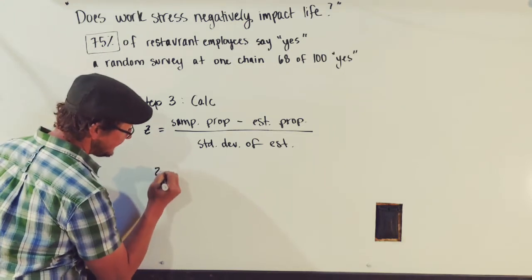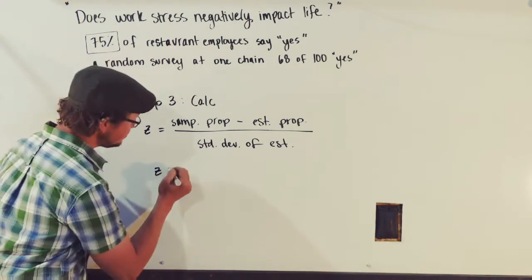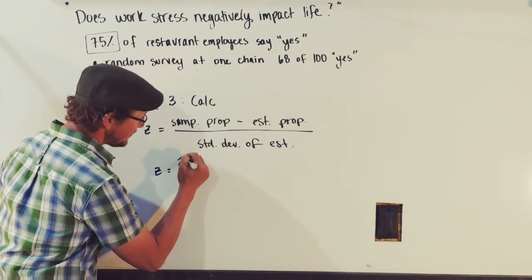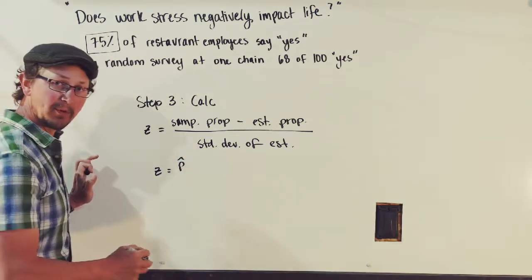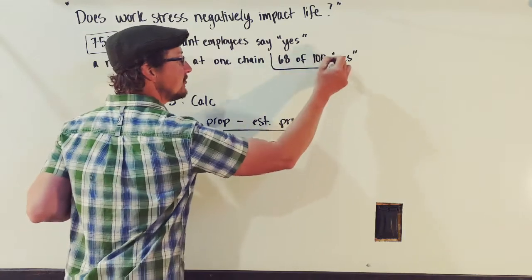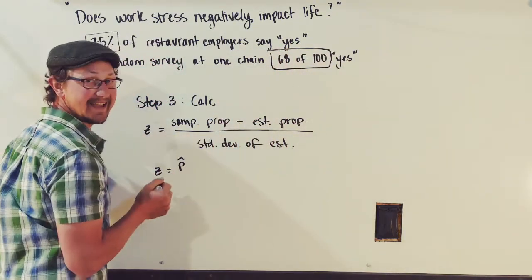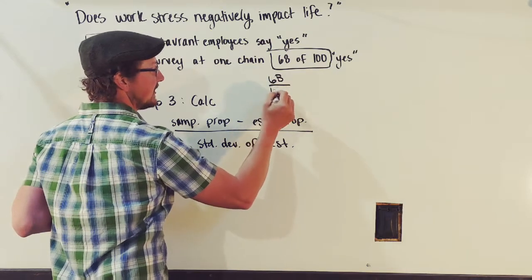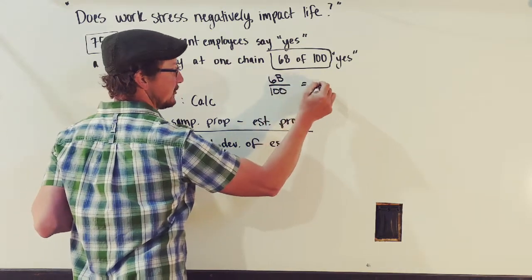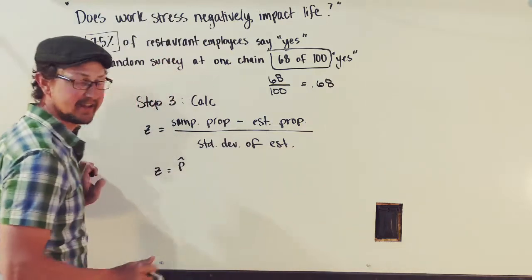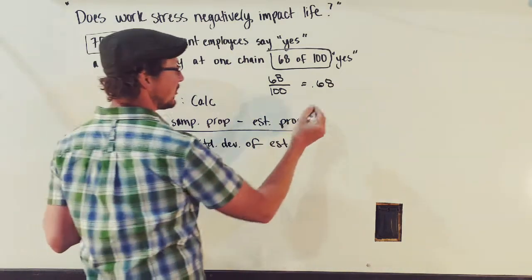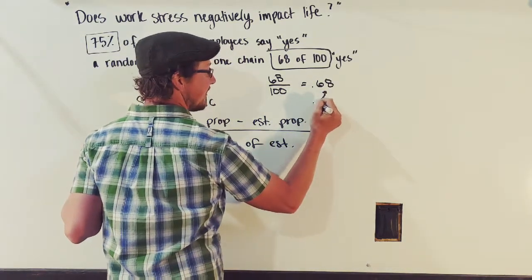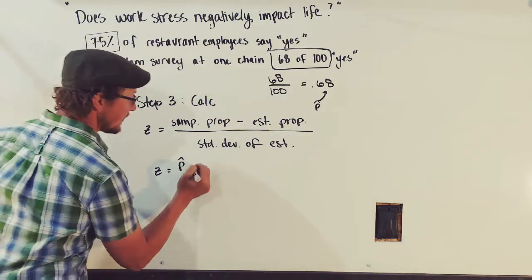And again, you'll notice that Z, we're on table A. Sample proportion, that's p-hat. What is our sample proportion in this problem? We're going to use these values right here, the 68 out of 100, so that's really easy. That's 0.68, right? That's my sample proportion. This right here, that's p-hat.